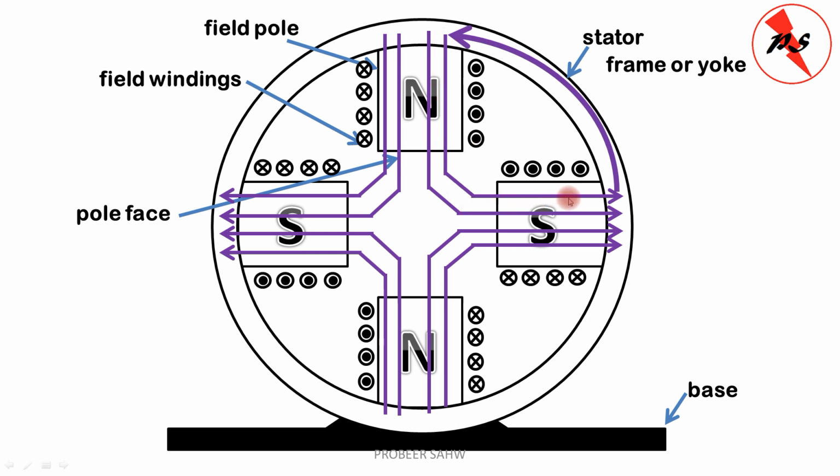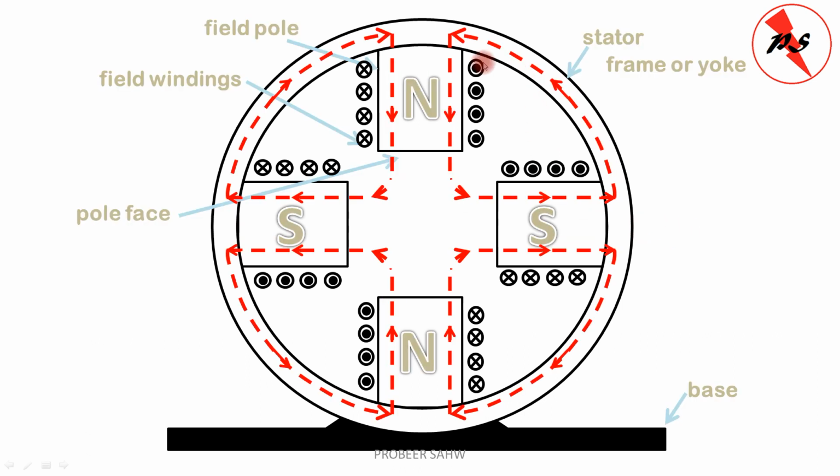So it forms a circular path. Similarly, it will happen in other poles as well. So you can see the field lines coming out of this north pole, going to this south pole and going back to the north pole again. This will happen in other set of poles as well.